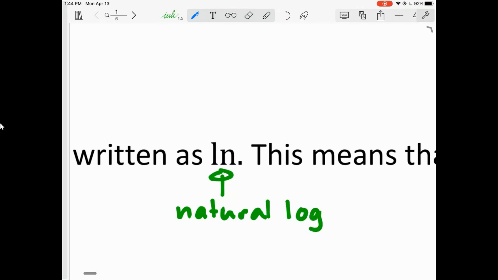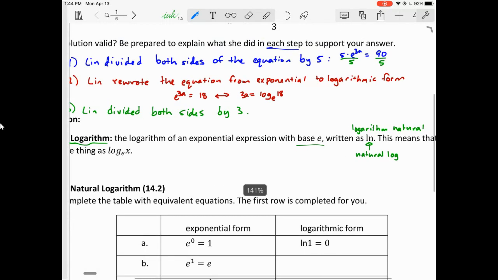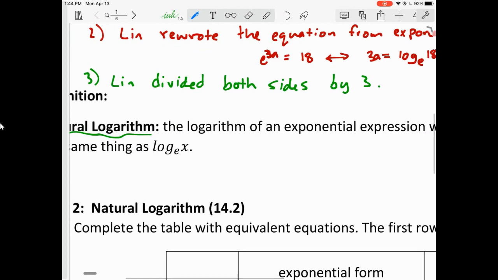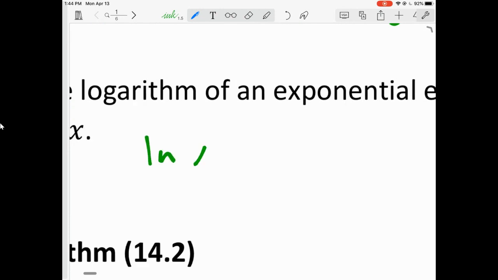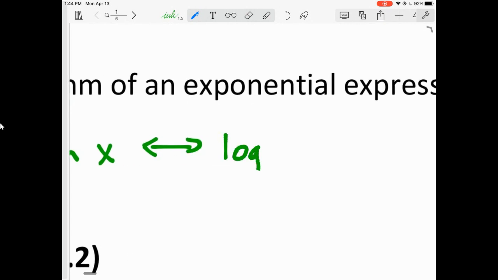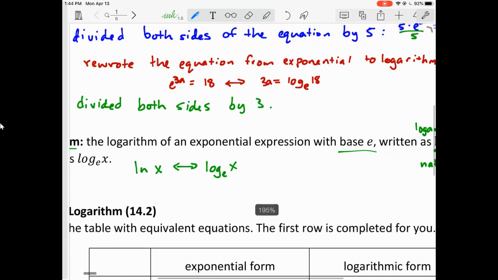It's kind of backwards. It's like logarithm natural, ln. It means that the natural log of x, ln x, is the same thing as log base e of x. So we need to understand that these two things are the same thing. But when we have a base e, we don't like to write log base e. For some reason, math people a long time ago decided we didn't want to do that.